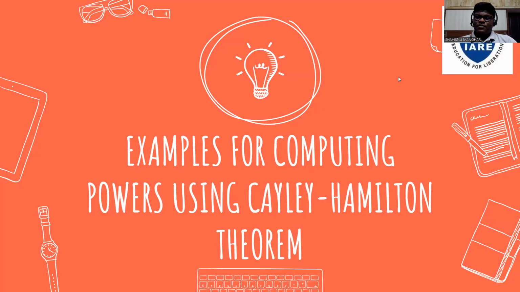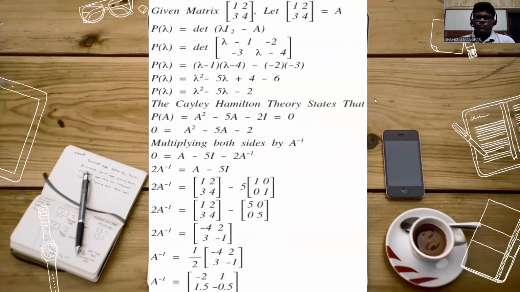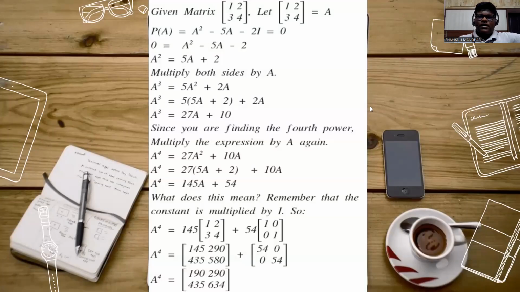Now, coming to the examples for computing powers using Cayley-Hamilton theorem. Let's begin. Now, let's look at a problem. Suppose given matrix [1, 2; 3, 4], and if this is equal to A, then the characteristic equation is x squared minus 5x minus 2 equal to 0.